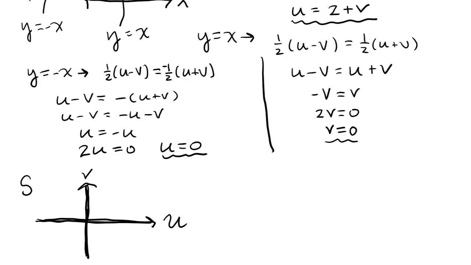The way I've done this, I put u on the horizontal axis, so we might take u equals 2 plus v and solve it for v, since v is really my independent variable here. So v equals u minus 2. So we would come down to -2 on the v-axis, and then we'll have a slope of 1. So that would be this line here. Then in between those three curves would be this region.